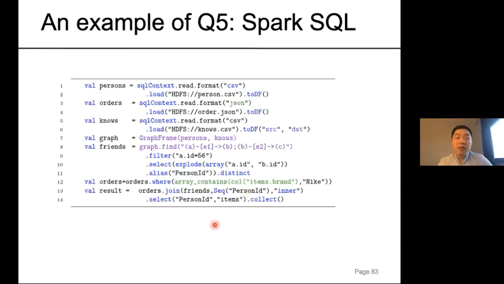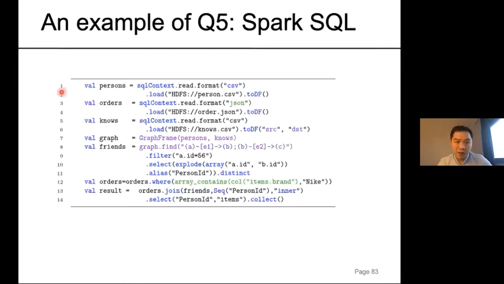And we also implement this query in Spark SQL, because nowadays Spark SQL can handle various kinds of data, such as graph, key value, and JSON data. And particularly Spark SQL uses data frame as the data abstraction.